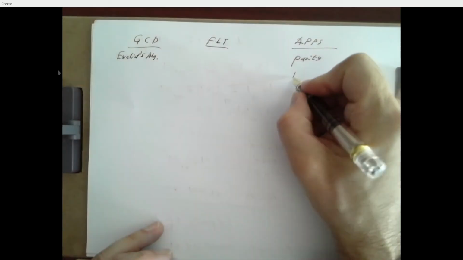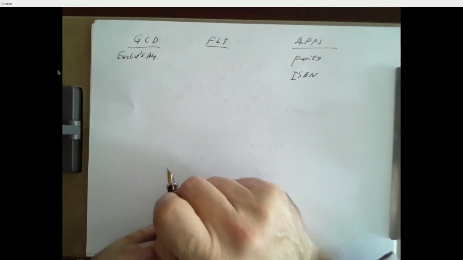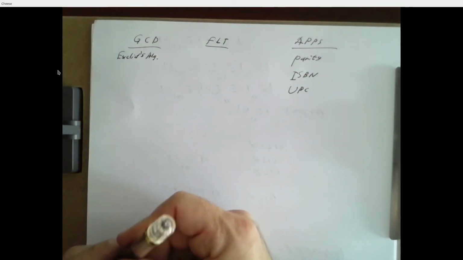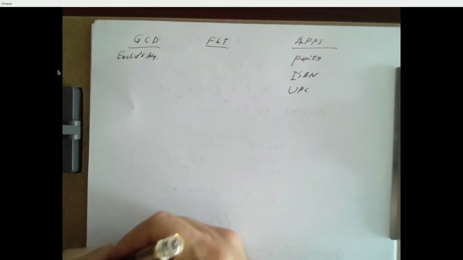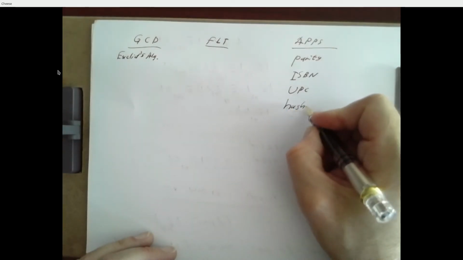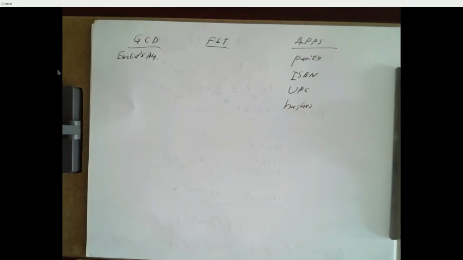Fermat's little theorem we just talked about. Other applications? IPv4, yeah. UPC. Those are the main ones. I mentioned something about hashes, but we'll talk about that more in CSE 222.